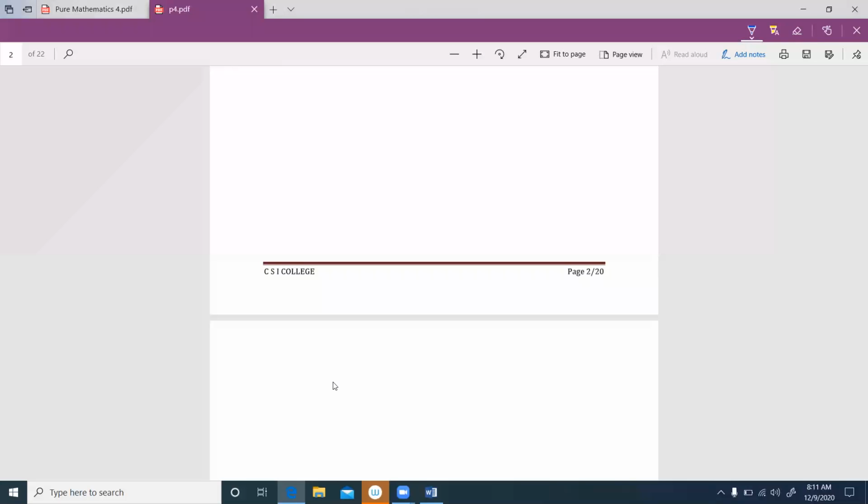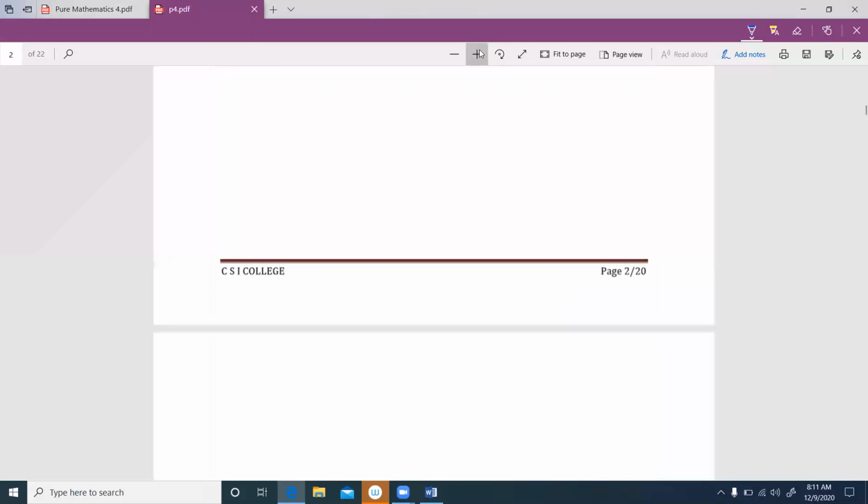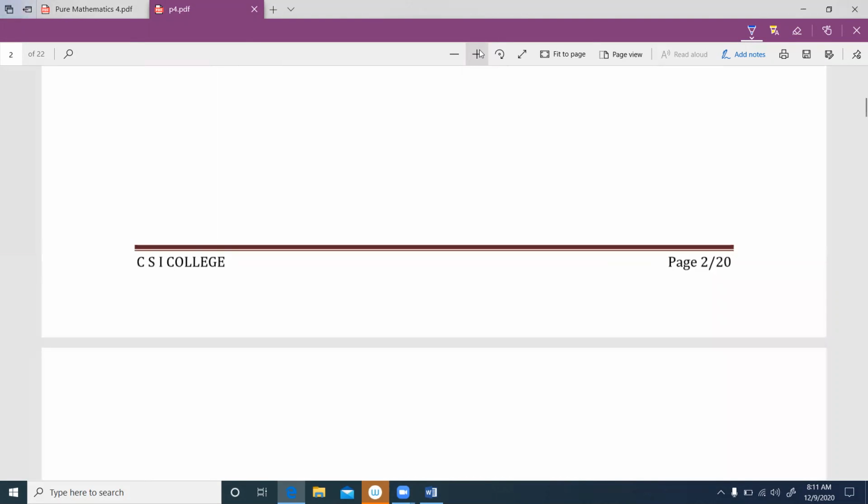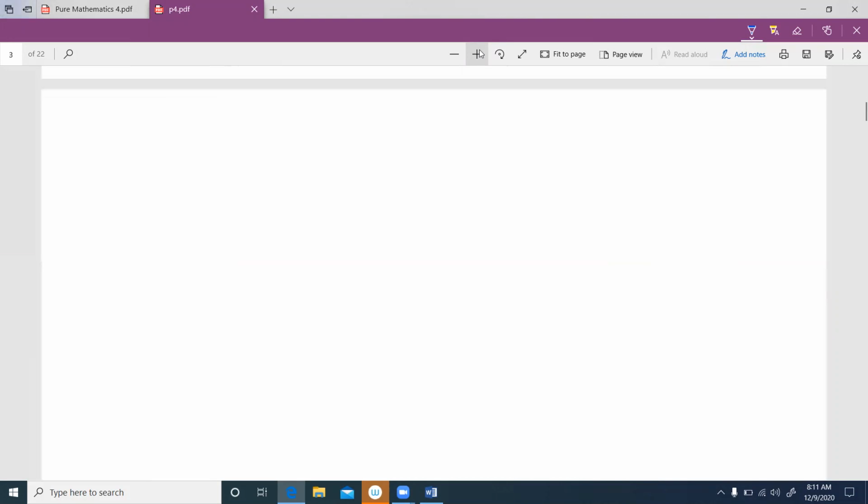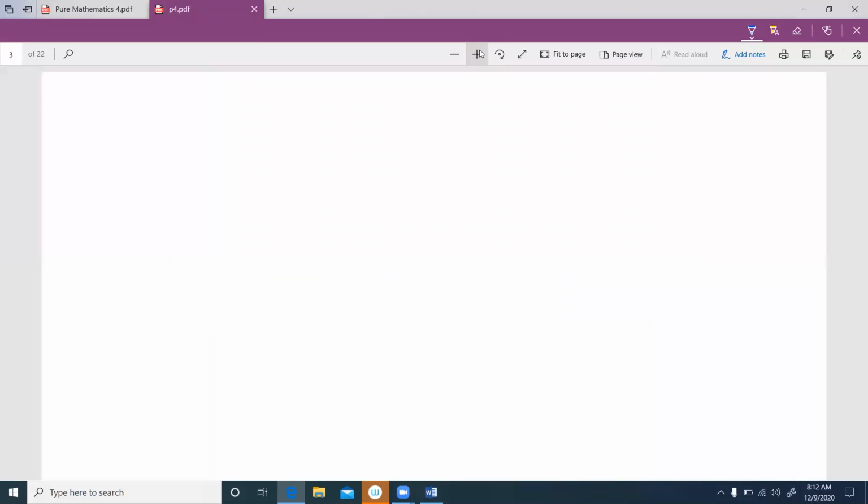Then yes, if you come up with a question somewhere like this, question number 3, just a little bit expand this. The question number 3 is, if you refer to this question number 3, it's a curve somewhere like this.